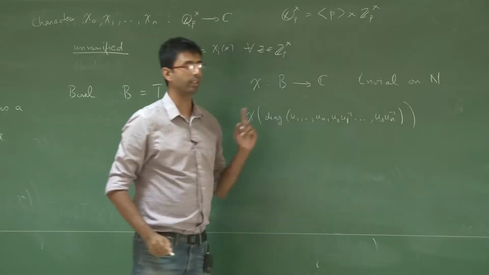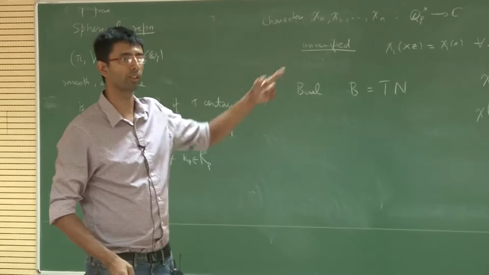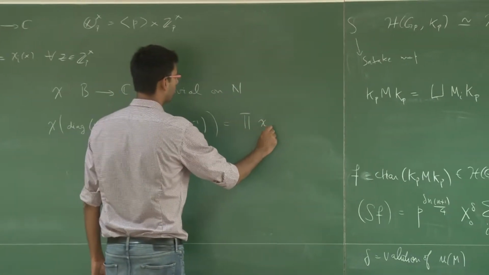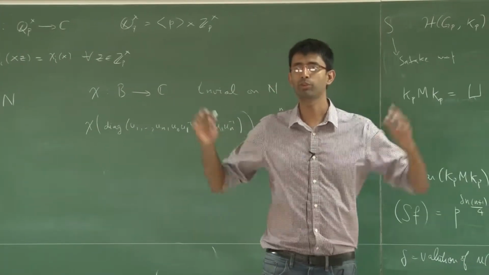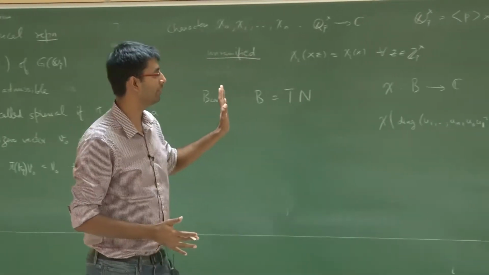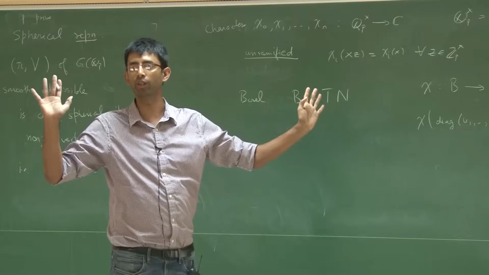Well, you see exactly n plus 1 elements of Qp^×. So you apply these n plus 1 characters on it. So this gives you a character on this big thing. So the big Borel, which is like these upper triangular matrices, you say that on the diagonal you give these values, off diagonal ignore it.